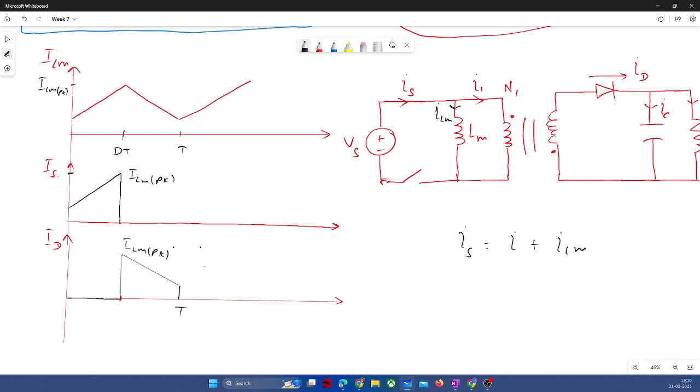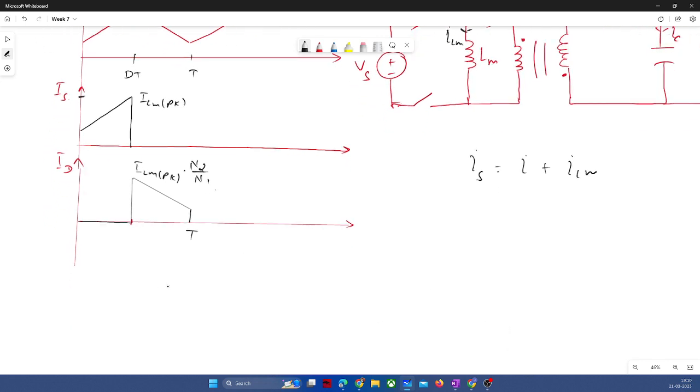Since we are computing ID, so ID is in... Sir, this secondary side current, that ILM1 by... ID equal to N2 by N1, right?